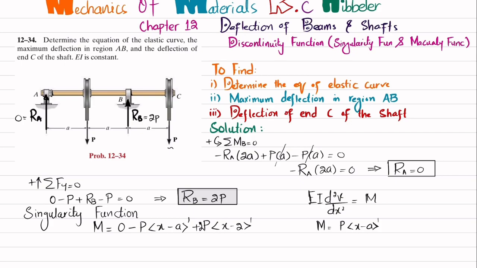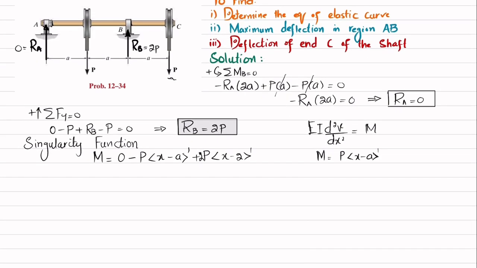So now you have this moment equation, which, if you simplify it further, this moment will be equal to minus P times (x minus a) plus 2P into (x minus 2a). Okay, 2a, not 2.